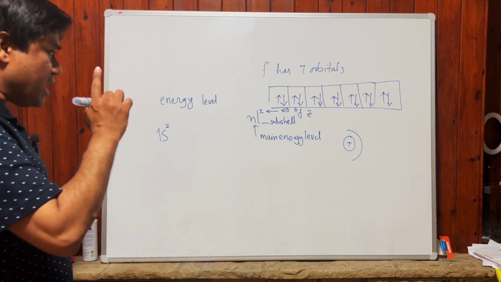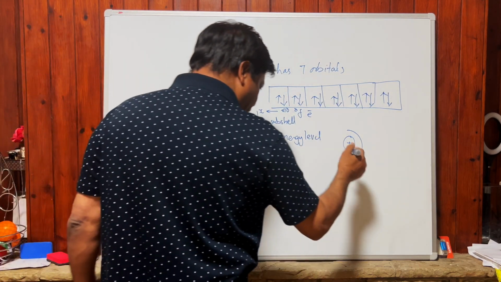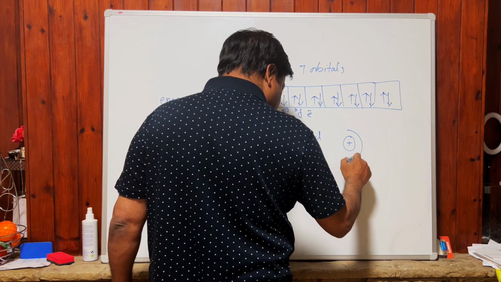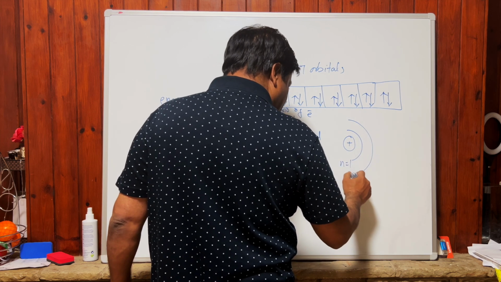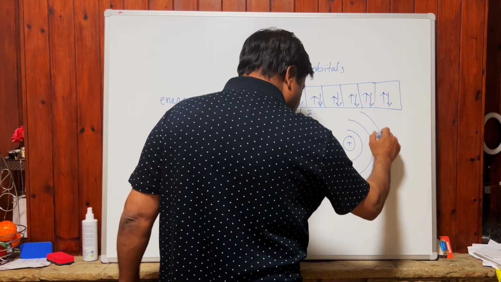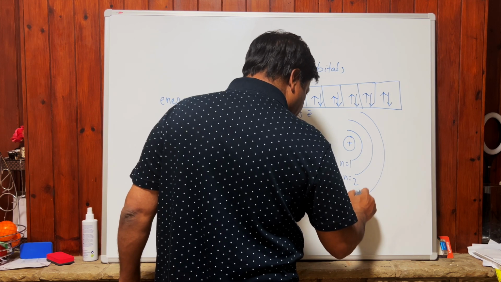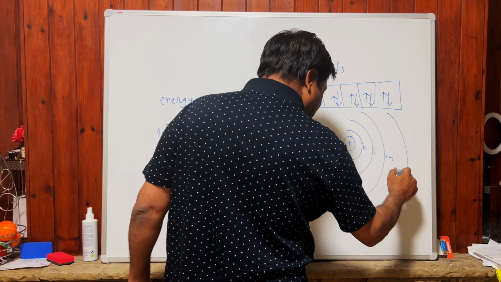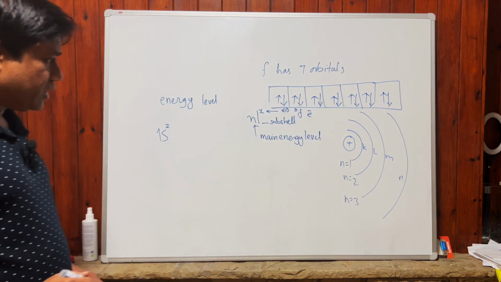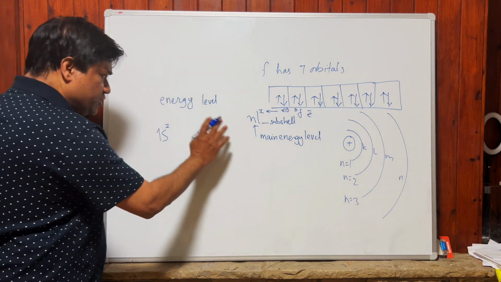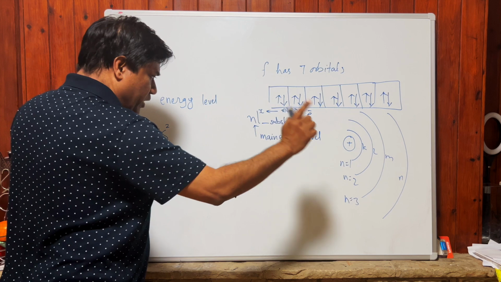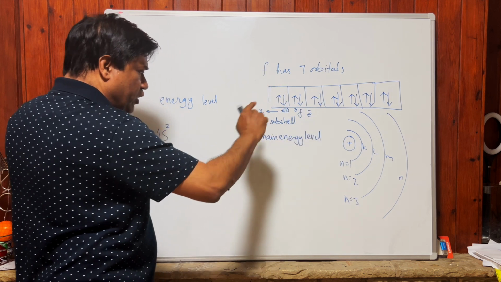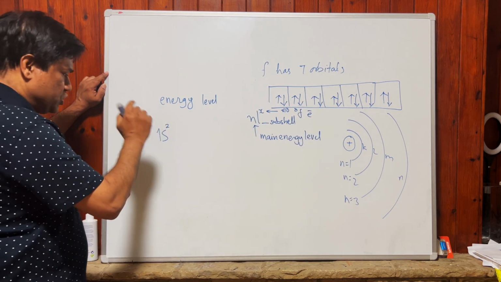I have already explained that they are numbered n equals 1, 2, 3, or K, L, M, N. The first shell has one subshell, the s subshell, which has only one orbital, and we can fill only 2 electrons.